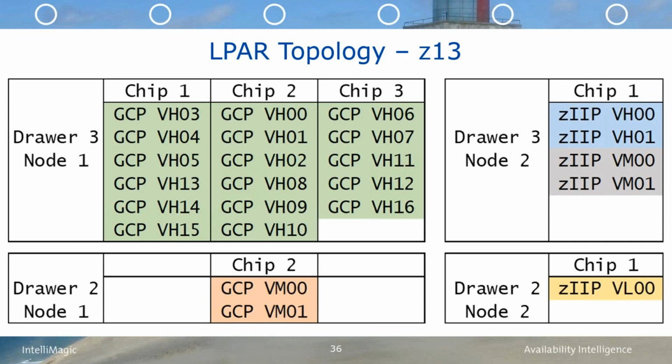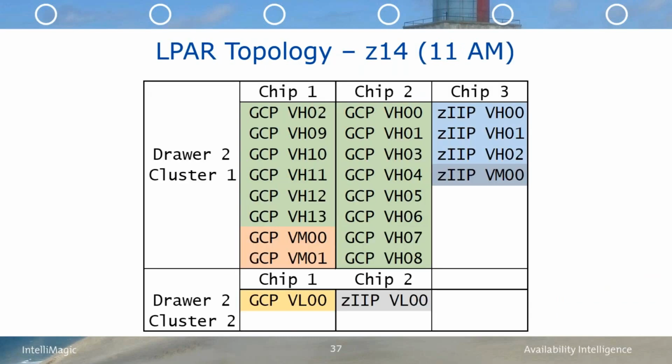This led to frequent cross-drawer accesses by the vertical mediums and thus the significant RNI penalty they experienced. Now note the changes in the LPAR topology diagram for this LPAR on the Z14. Now the vertical mediums in orange and vertical highs in green are in the same drawer and even share the same level 3 cache. In fact, PRISM was able to configure the entire LPAR, GCPs, and zips in a single drawer.